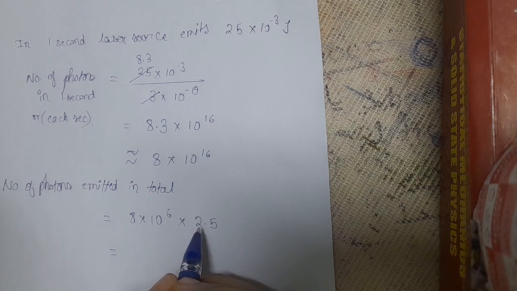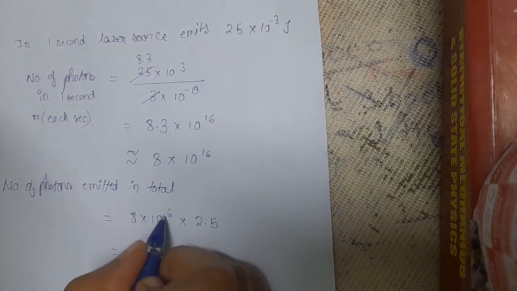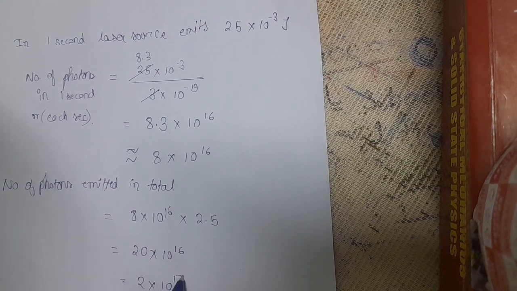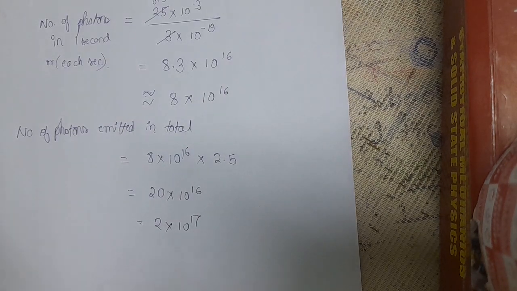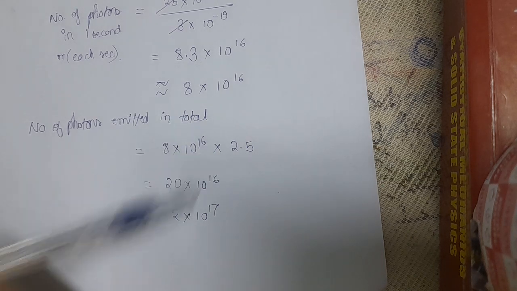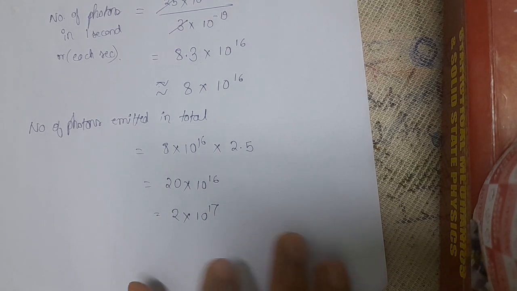Oh, there is a 0.1, so it will be 20. 20 into 10 to the power 16, or 2 into 10 to the power 17 photons were emitted in total, for being operated for 2.5 seconds.